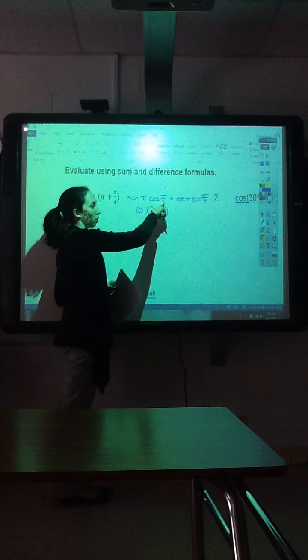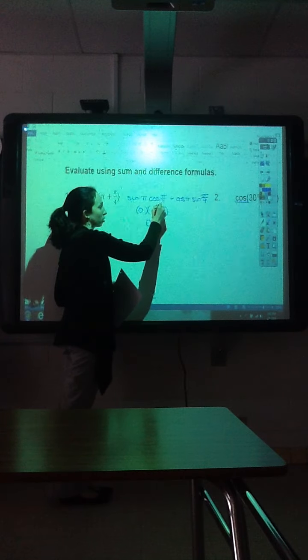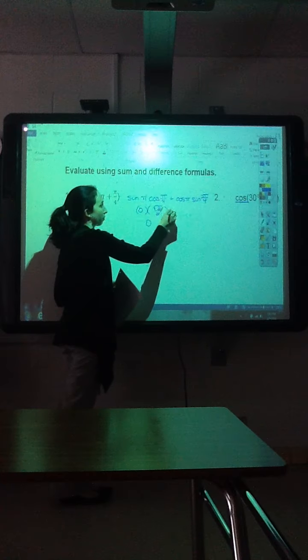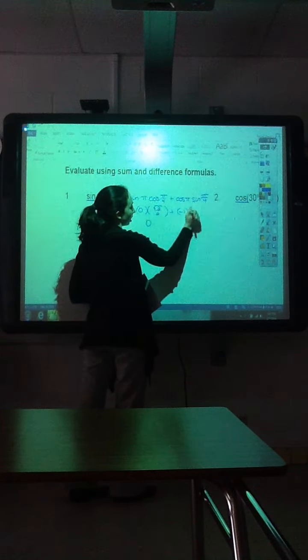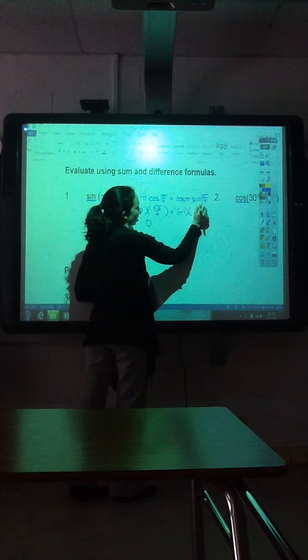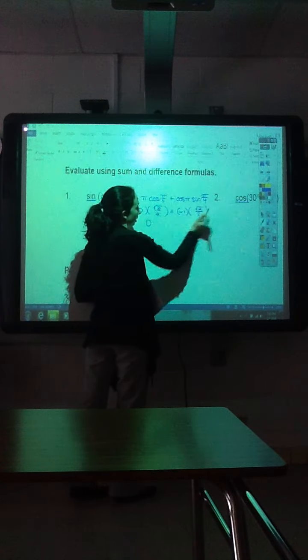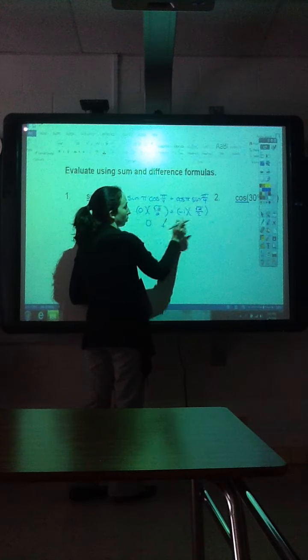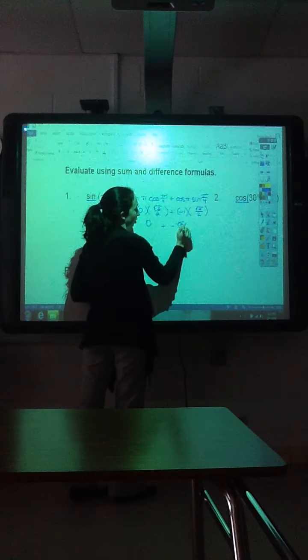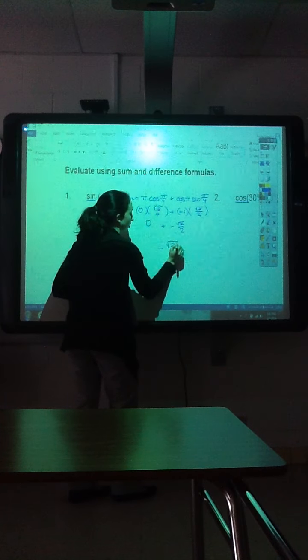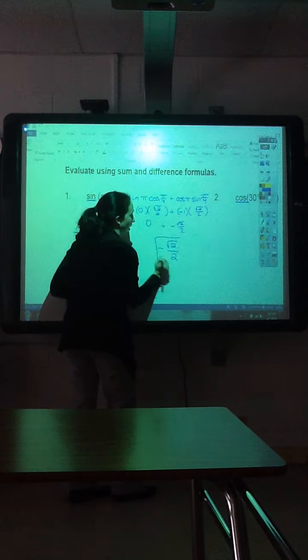But the cosine of pi over 4 should be 1 over root 2, which you write as root 2 over 2. Then the cosine of pi is negative 1. And the sine of pi over 4 is the same as the cosine of pi over 4. So I have 0 plus negative 1 times that, which is negative root 2 over 2. My overall answer is the square root of 2 over 2, and the whole thing is negative.